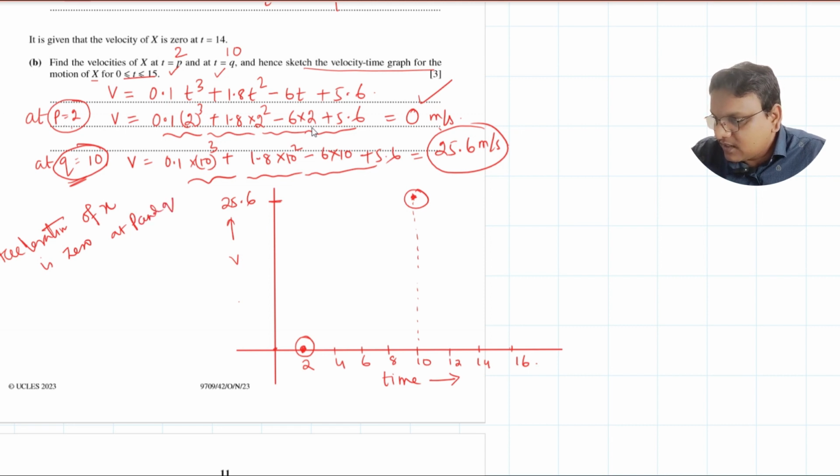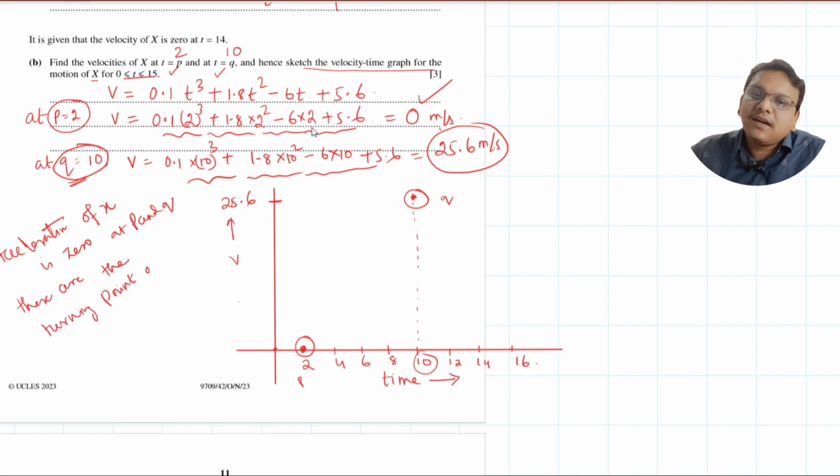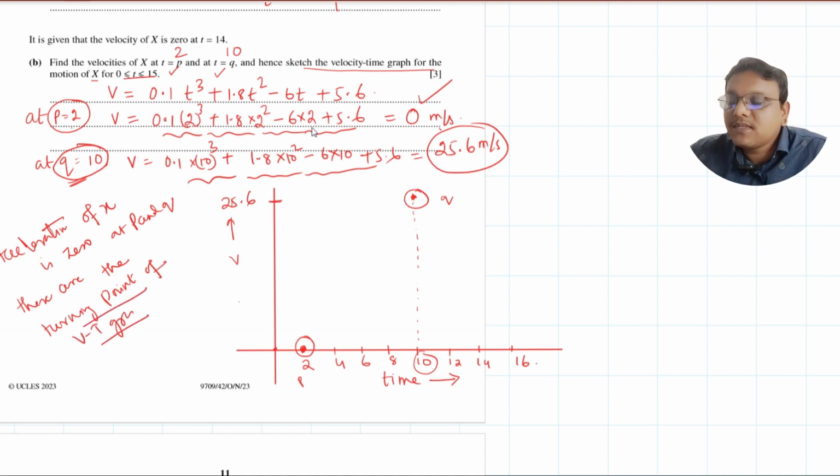It means these are the turning points of the velocity-time graph. Did you understand? Because differentiation is equal to 0. That means normally the gradient of the curve, or gradient of the tangent, at a turning point equals 0. That's why.